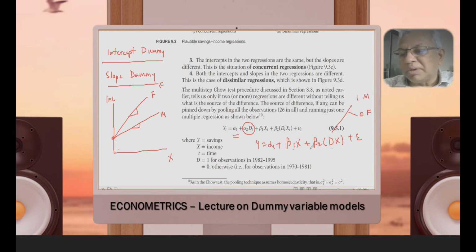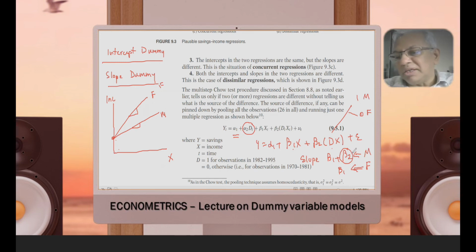So this will be beta 1 plus beta 2. So what is the slope? For male, the slope would be beta 1 plus beta 2. And for female, because d is 0, this whole thing becomes 0. So this will be only beta 1 for the female. So we can see that if beta 2 is statistically significant, that means there is a discrimination.